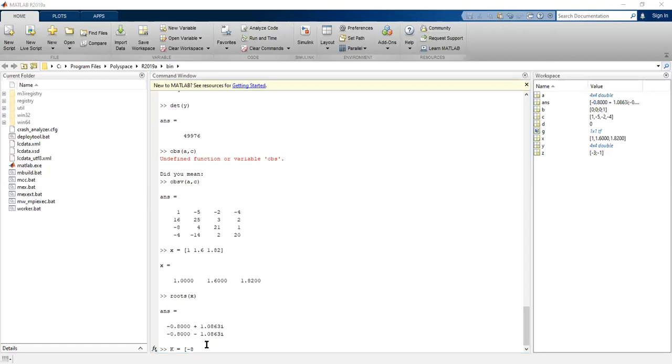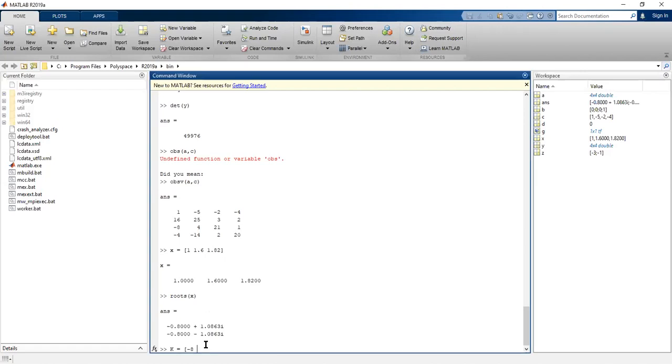So that is negative 8, and then you have negative 0.8 plus 1.08i, and negative 0.8 minus 1.08i.